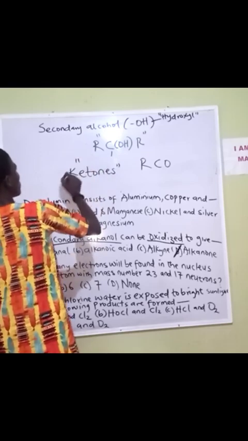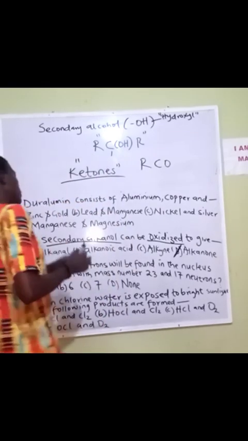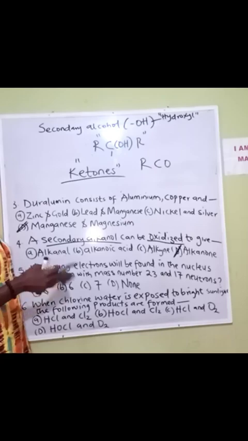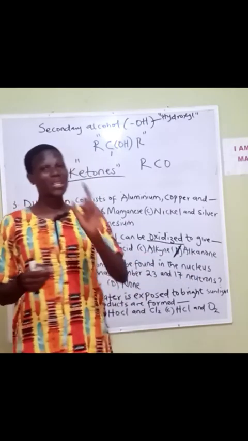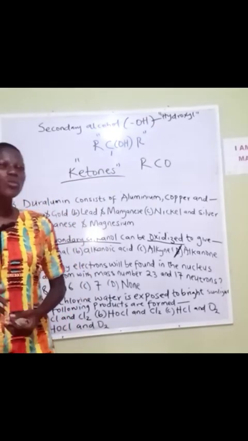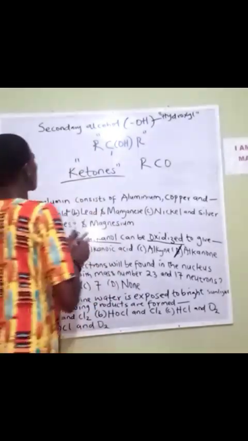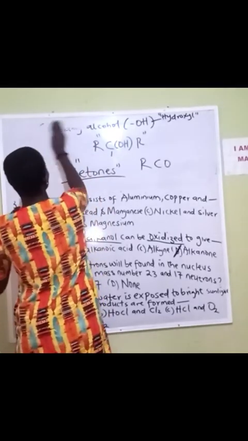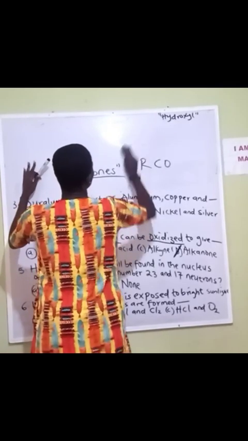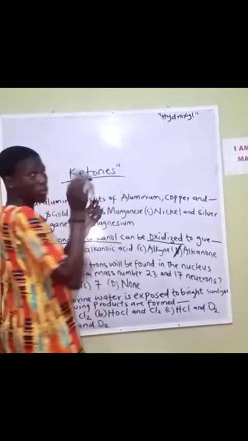Just take note that when a secondary alkanol is oxidized, it forms what we call the alkanones or the ketone. Now, when a primary alcohol is oxidized, it forms the carboxylic group. Take note of the difference.